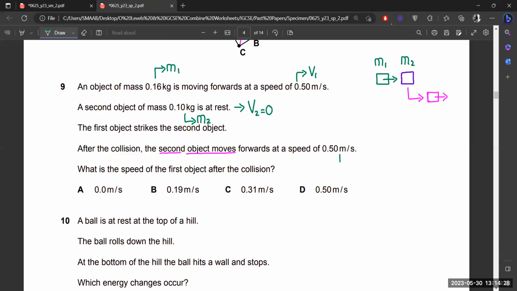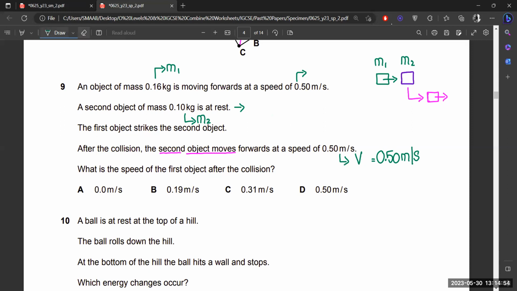So we may write it as, let's suppose, VF, the final velocity of the second object, equals 0.50 meter per second. And this is the initial velocity of the first object, or we can simply write u and v for initial and final, which will be easier for us.